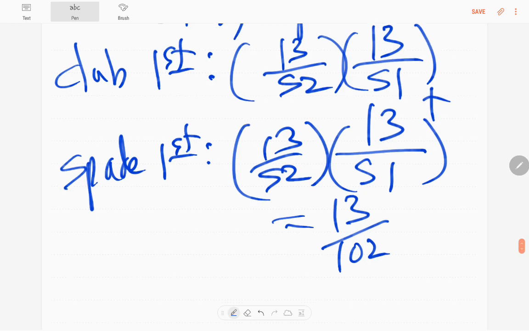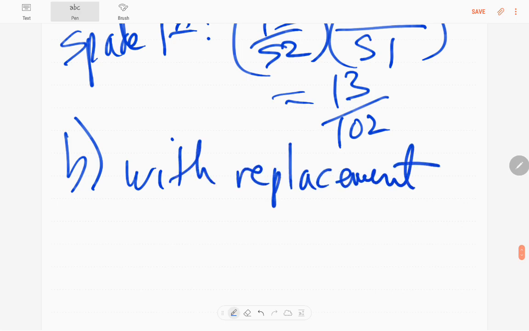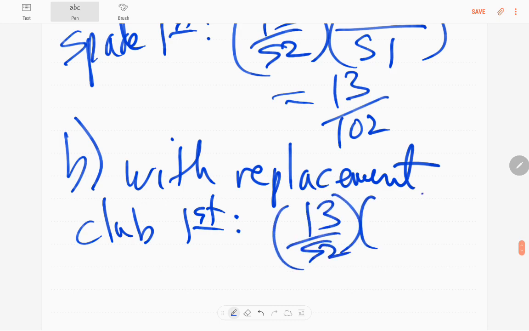All right, now part B is the one that's with replacement. So that should actually be easier. So you could assume that the club is first. And I know 13 out of 52 are clubs, but we're putting it right back in the deck. And I know that 13 out of 52 are spades.